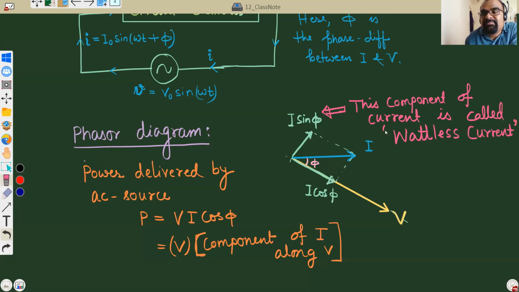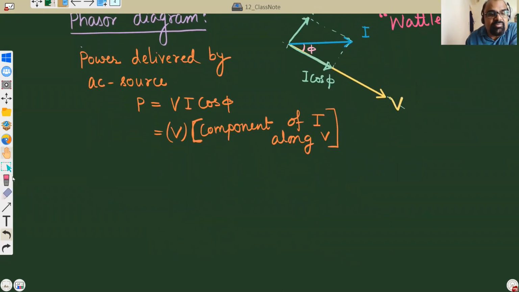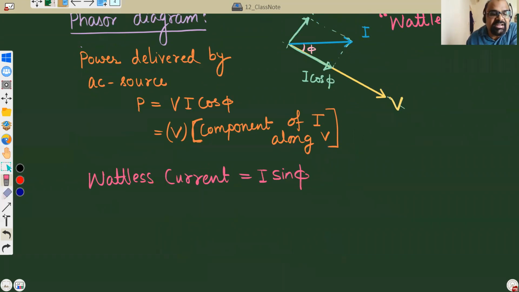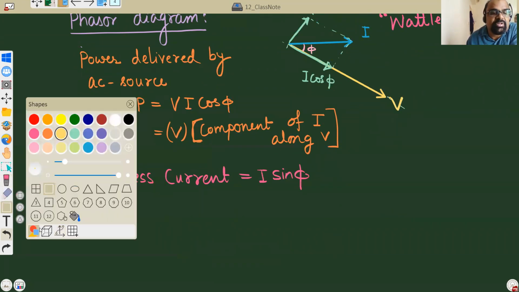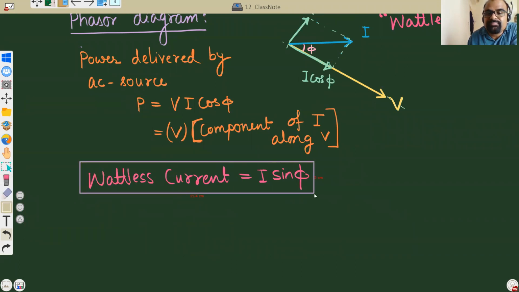So from here we get the formula that wattless current is equal to I sin phi. You can treat it as a formula also.